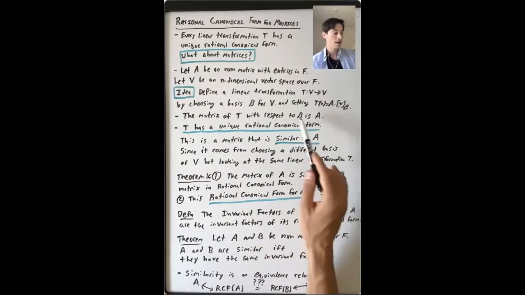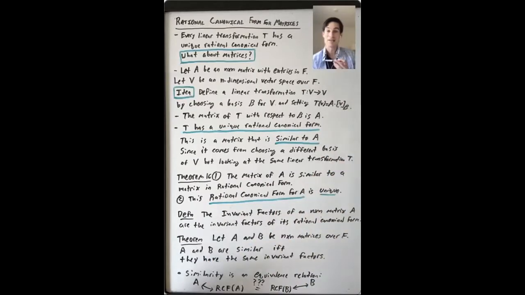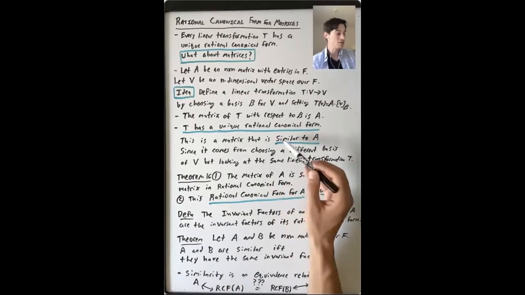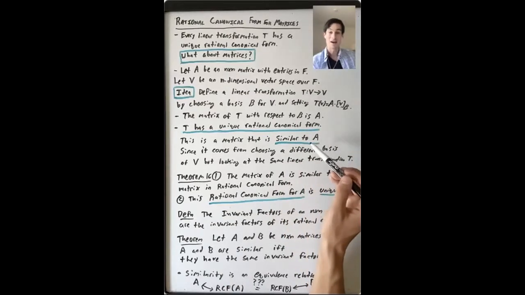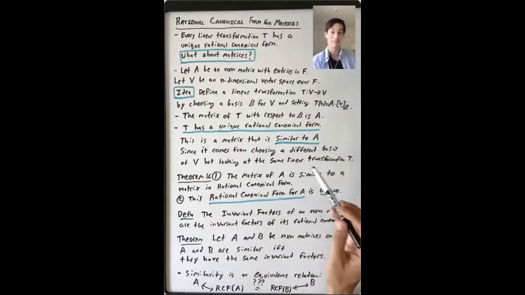And what's true about that matrix and this matrix A is that they are two matrix representations for the same linear transformation with respect to different bases. That means those matrices are similar. So this matrix is similar to A because it comes from choosing a different basis of V, but looking at the same linear transformation T.